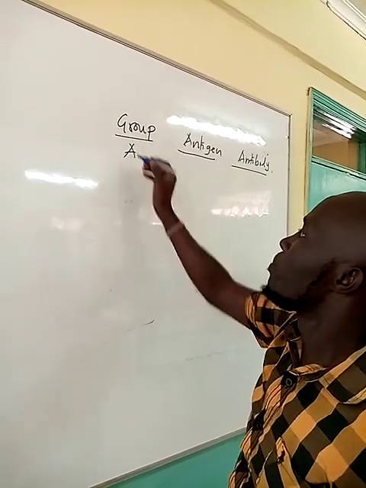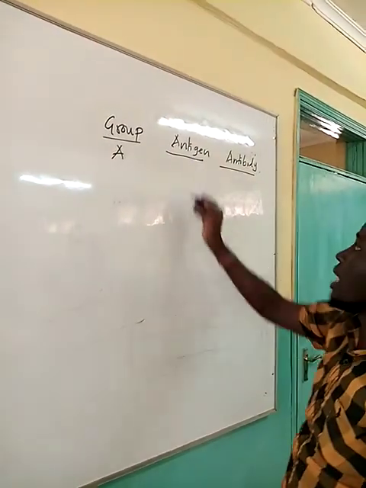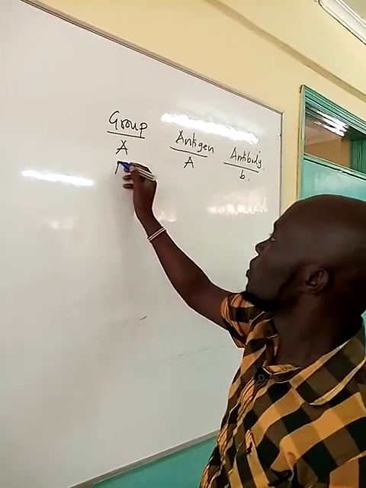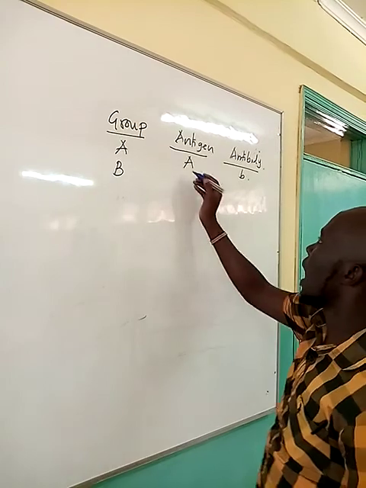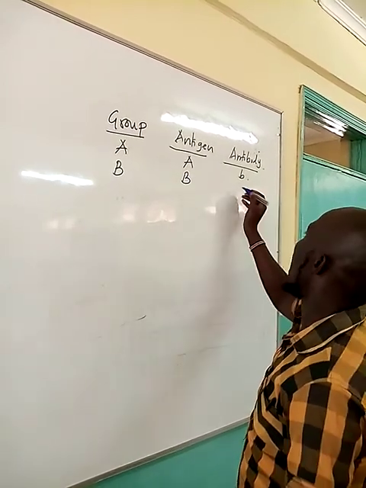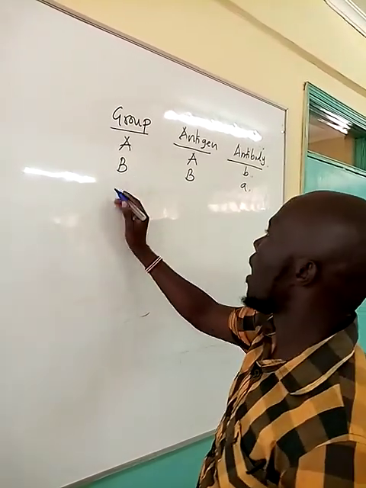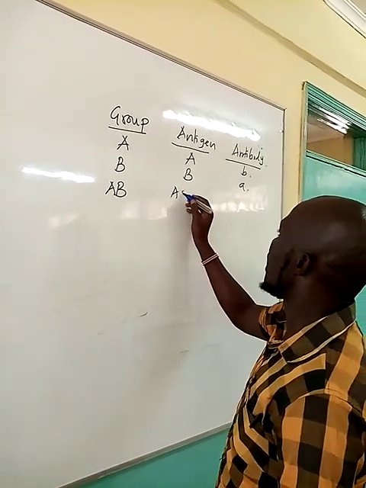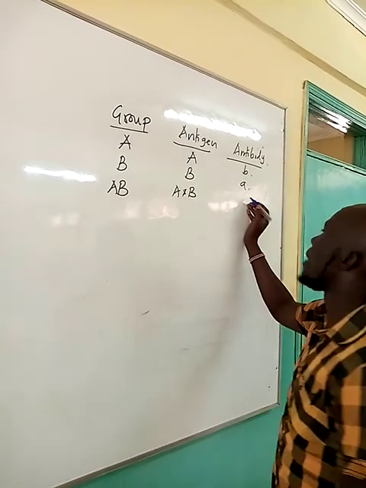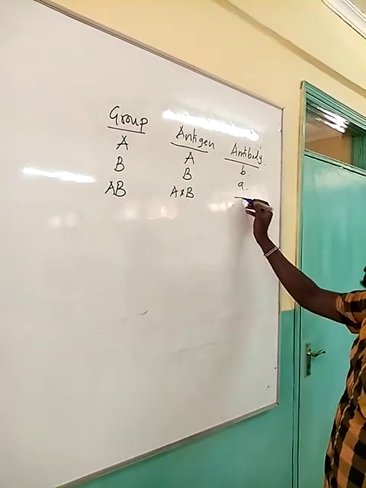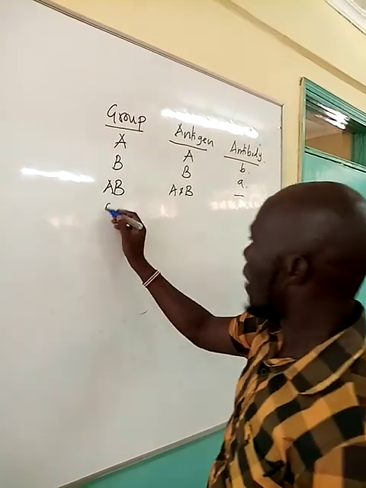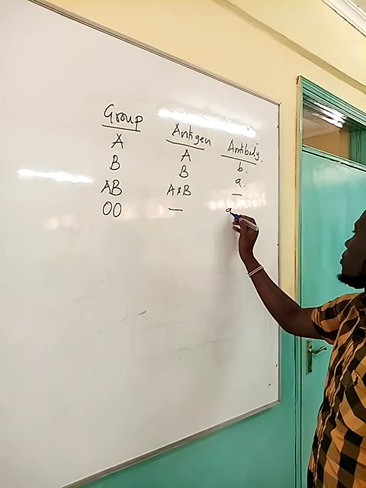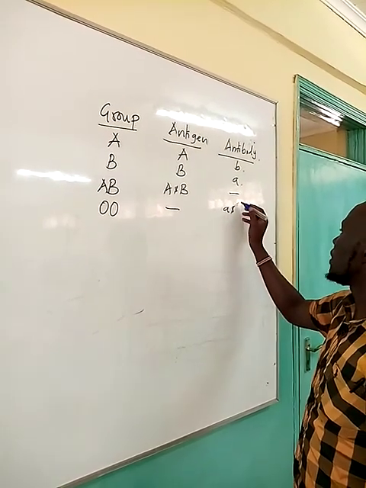An individual with blood group A has antigen A and antibody B. A person with blood group B has antigen B and antibody A. An individual with blood group AB has both A and B antigens but lacks antibodies. A person with blood group O lacks antigens but has both antibody A and B.